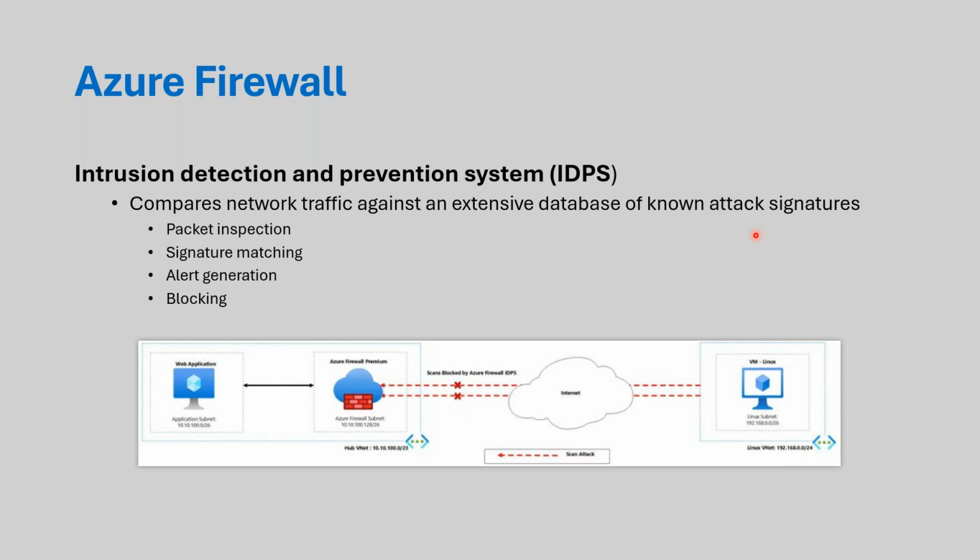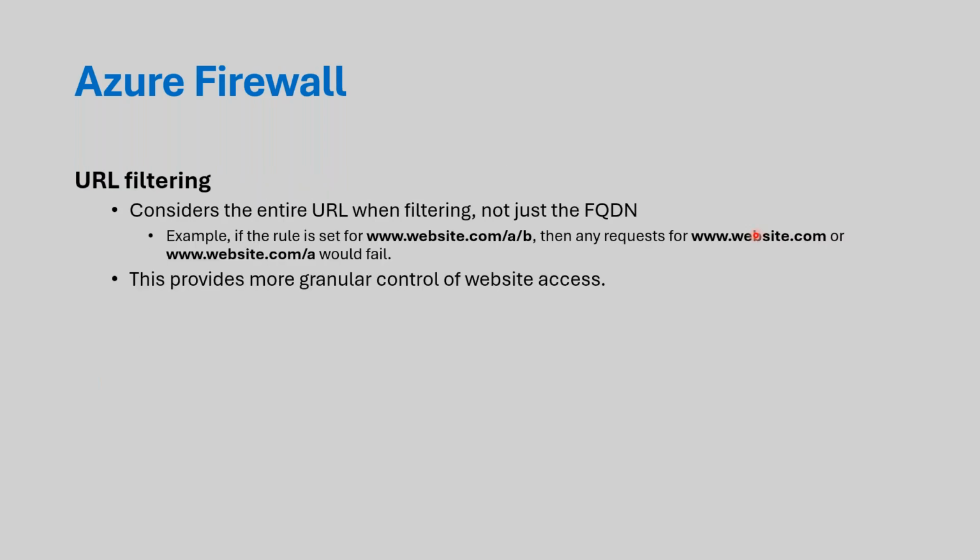All right. URL filtering. This is going to allow you to filter all the way out to the right of the .com or whatever the extension is. So whatever website.com/A/B, I can build filters saying anything trying to go to B, I'm going to allow. Anything going to anything else along the way, just website or /A, would fail.